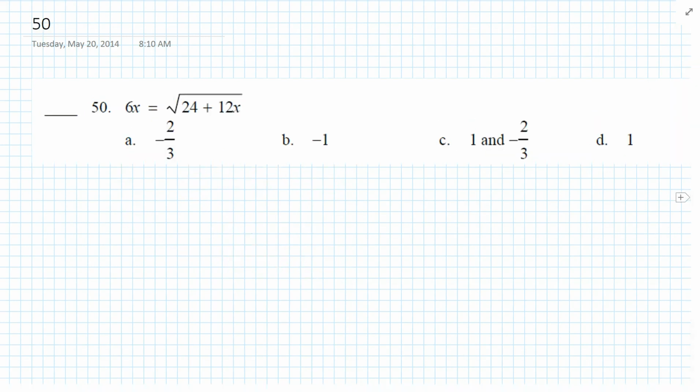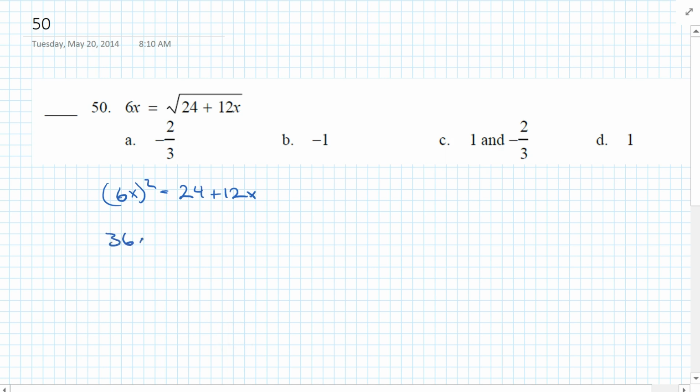50. 6x equals the square root of 24 plus 12x. All right, let's square both sides. So I'm going to get 6x squared equals 24 plus 12x. 6x squared is 36x squared.